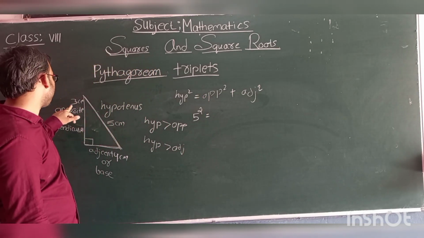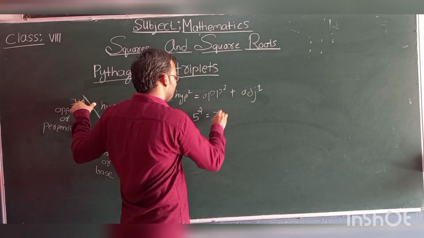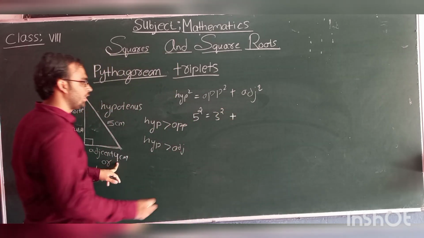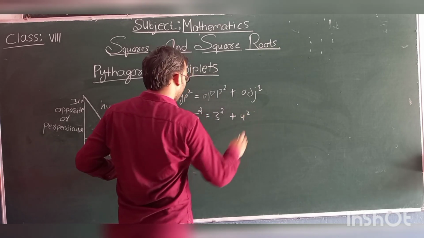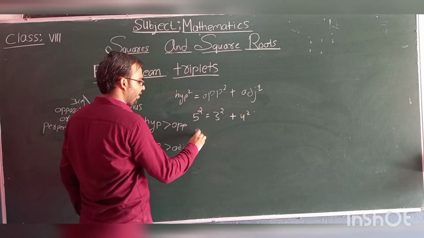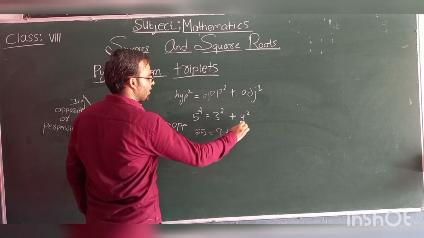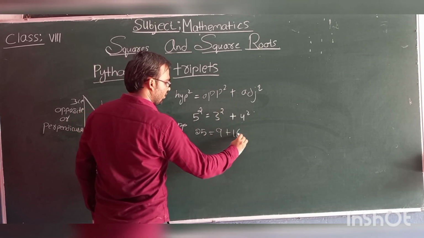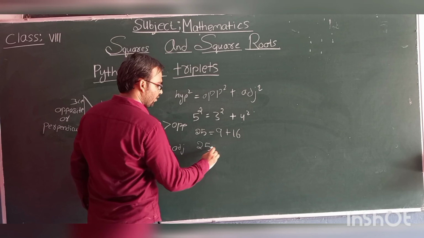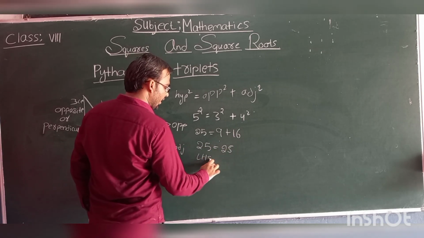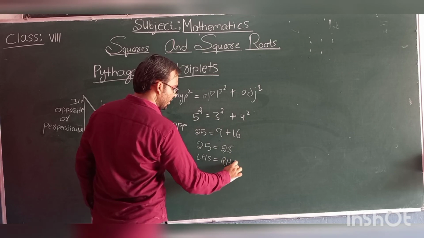Now opposite square is 3 square plus adjacent, which is 4, that is 4 square. Okay. So now 5 square is 25 equals 3 square, which is 9, plus 4 square, which is 16. So 25 equals 9 plus 16, which is 25 only, no? So here LHS equals RHS.